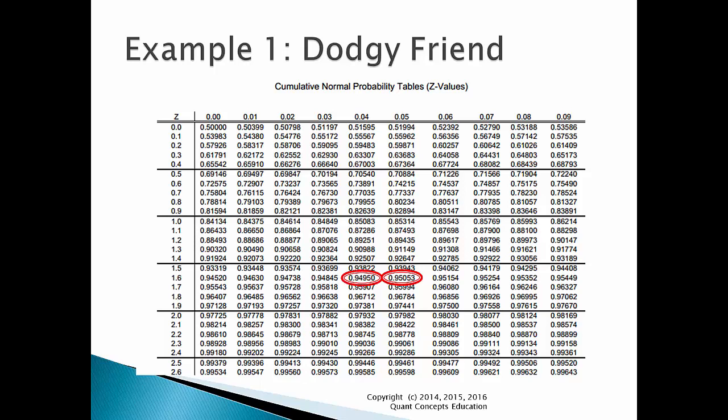Since 0.95 is pretty much perfectly in between these two numbers, we can simply take the average of the corresponding Z values. So what are the Z values? The row tells us that it's 1.6, and the columns tell us that the second decimal place is 4 and 5. So the Z values are 1.64 and 1.65. Taking the average of these two, we find that the negative critical value is equal to 1.645.